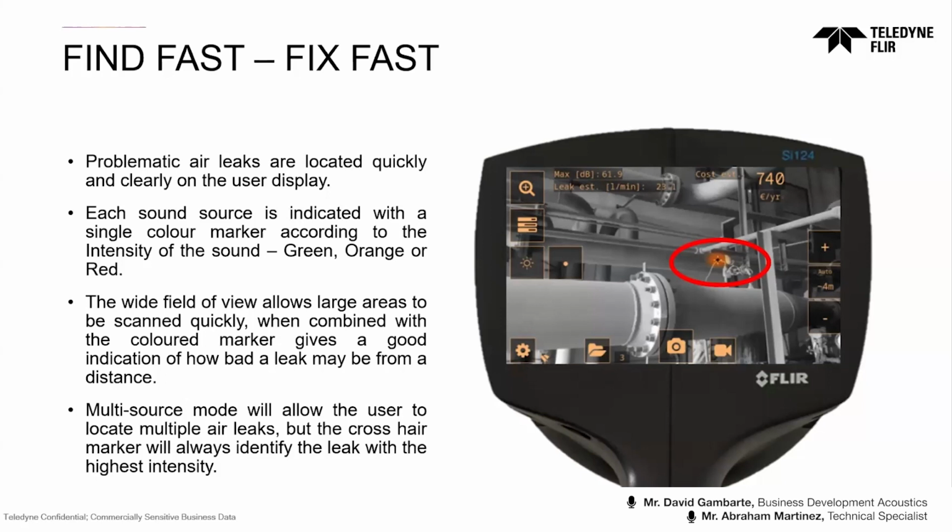Multi-source mode, which is our default recommended mode, will allow you to find, for example, 2 or 3 leaks if they are in the same area, so you are not missing any leak because one is disturbing the others. You start with multi-source mode, find for example 2 leaks, then focus on one and get the calculations on the screen for it.